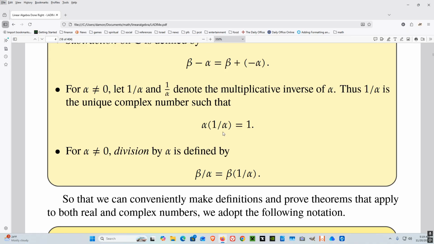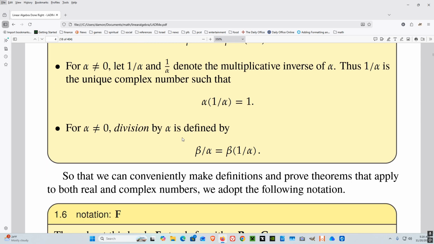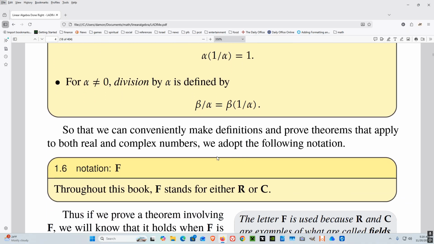Multiplying, so 1 over alpha is the multiplicative inverse. So we have to show that there is a multiplicative inverse. That'll probably be in the problem set, that it actually exists. Division by alpha is defined by multiplying by 1 over alpha. Okay, yeah, so all that makes sense.